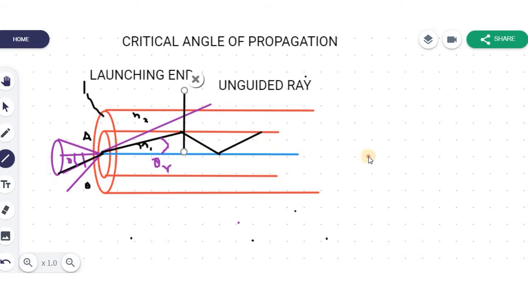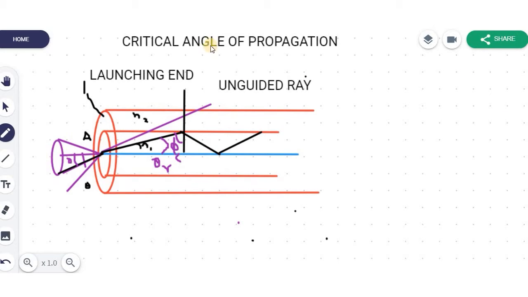Suppose this is the normal, and this angle is known as phi c.